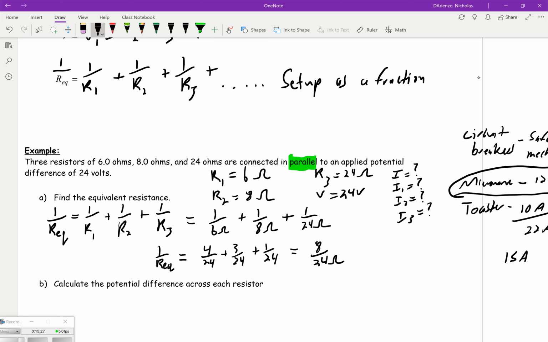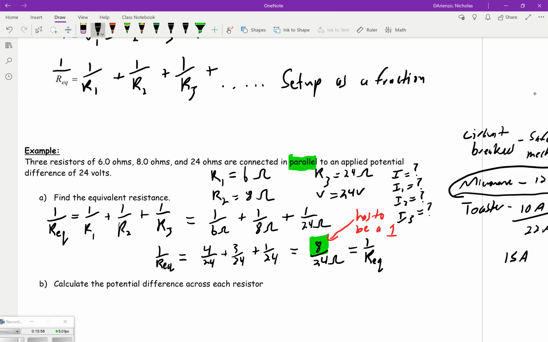Now we have to make sure when we set these equal to each other, this is going to be equal to 1 over Req. This top number here has to be a 1 in order for this to work correctly. So to change that, we'll divide 24 by 8 to make that a 1.